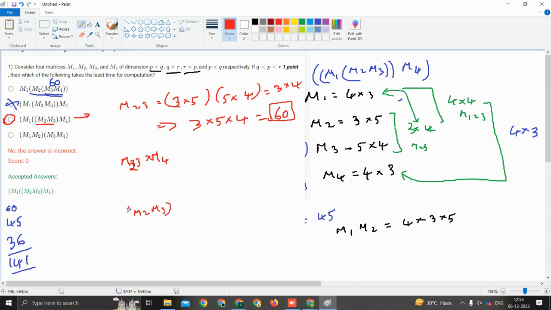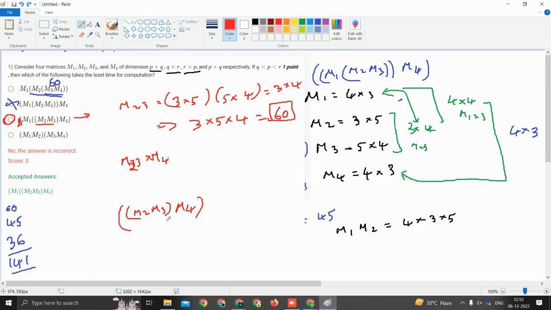M2, M3 you're closing it, then opening a bracket, multiplying with M4. Then one extra bracket on the left side before M1. I think that can be ignored, there was some mistake. But fine, you get the point, right?